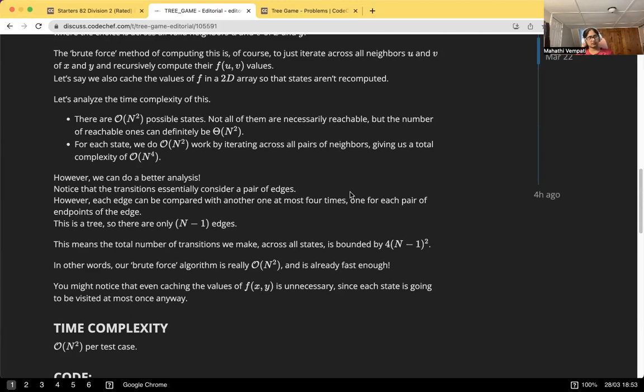Yeah, for each state, n square states, and for each state we'll do n square work. The transitions essentially consider a pair of edges.